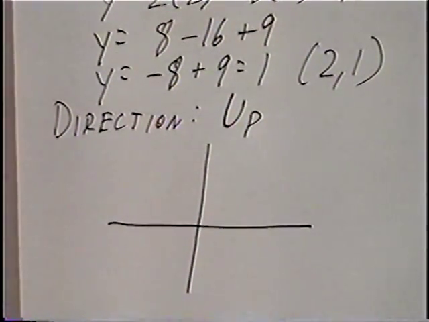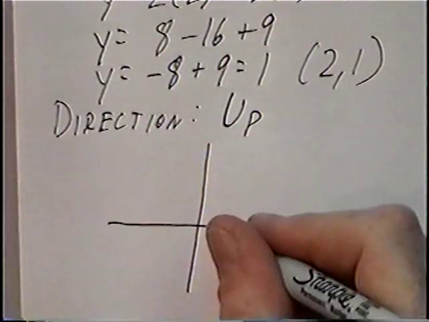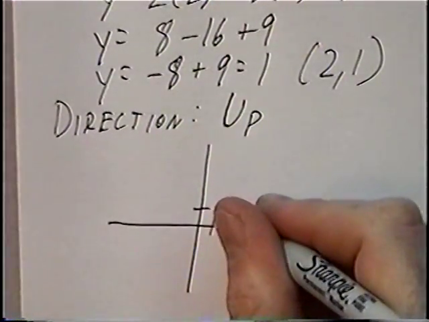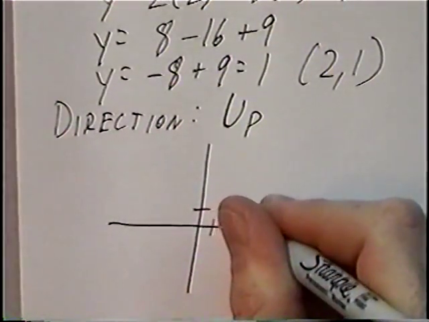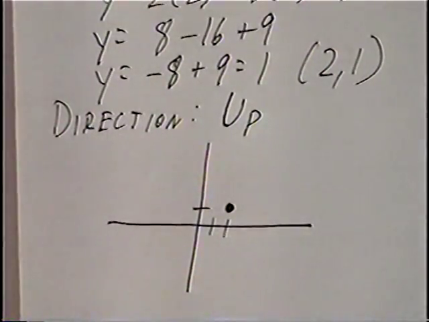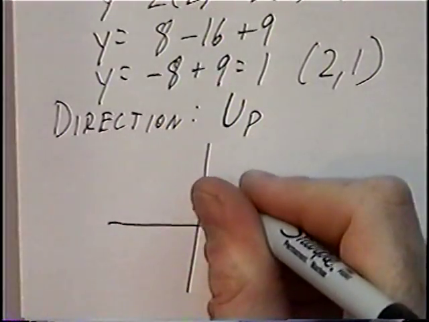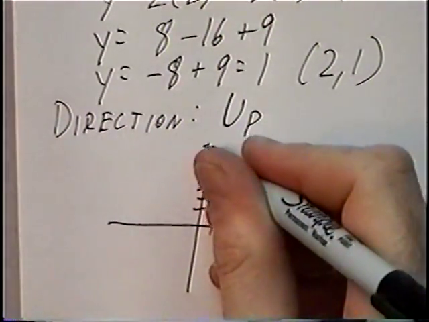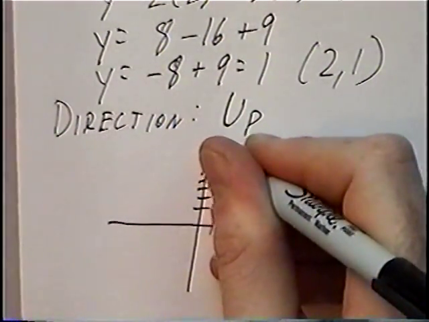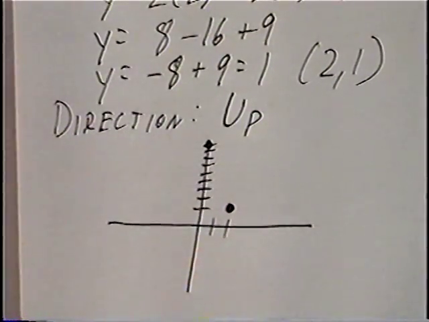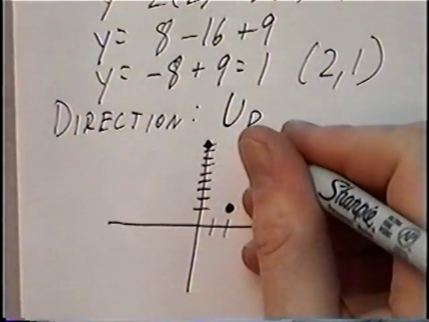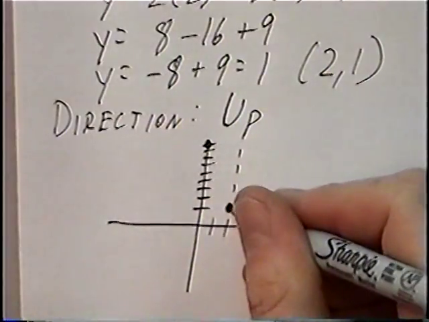We can draw the vertex, which is 2, comma 1. The first part we found was the y-intercept. The y-intercept is at 9. The axis of symmetry: if you want to, you can put a dashed line down through x equals 2.